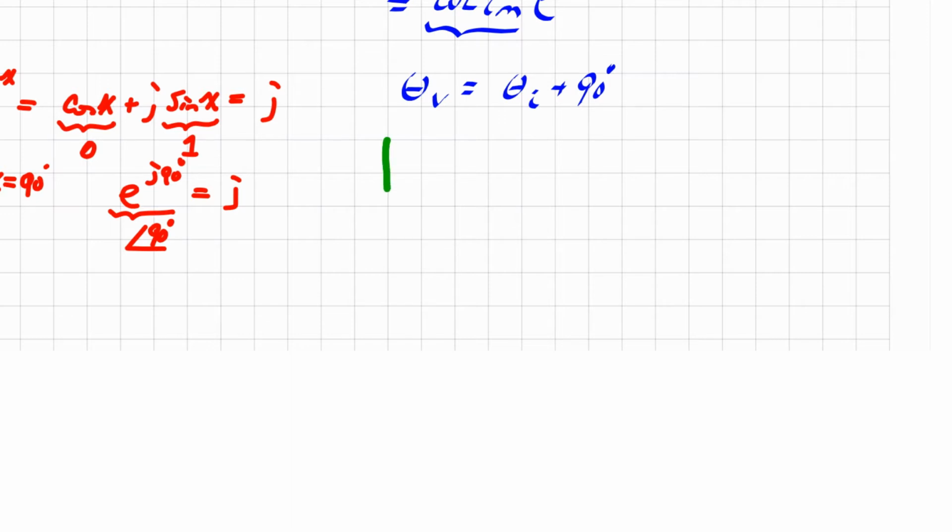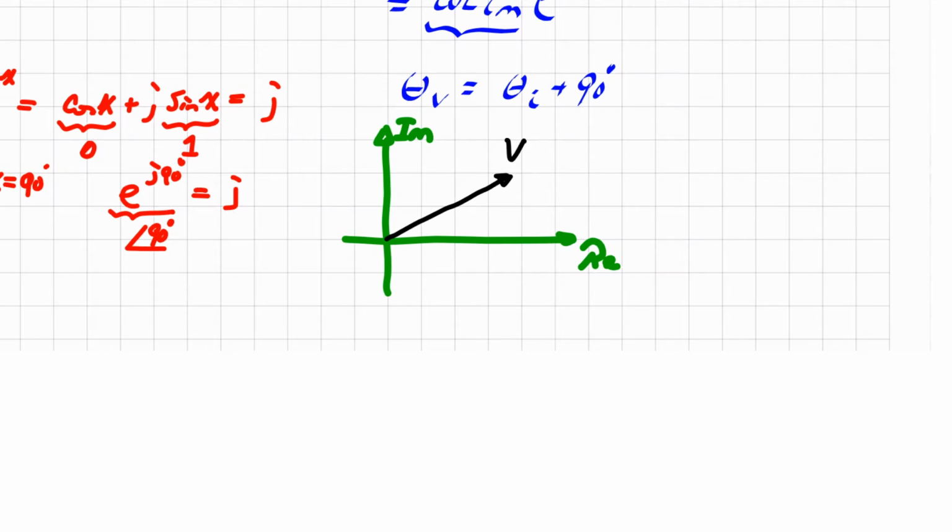So in frequency domain here, voltage here is this. That's the Vm. And this is the phase angle, theta V. Theta I is theta V minus 90 degrees. So theta I has to be 90 degrees lagging V. So this is Im.